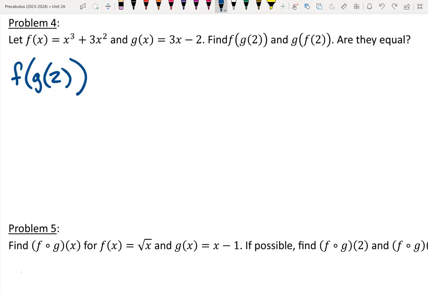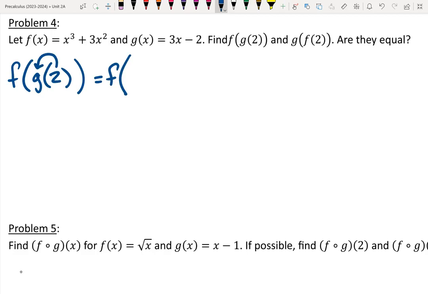So in a sense, I ignore the f part. Do we know how to do g of 2? What does that tell us to do? Just plug in 2 into g. But now I am going to be doing that inside function f. So I'm going to have f of, and I'm just going to plug 2 into g.